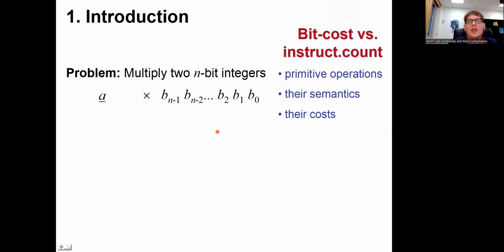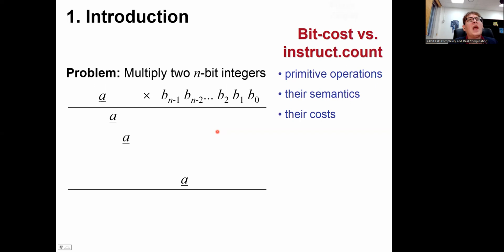And you also already know this algorithm, the grade school multiplication, or long multiplication, as it's called. Let me write down copies of the first integer a, shifted by one bit more each, and then add those copies where the corresponding bit in the second argument b is non-zero, is 1.